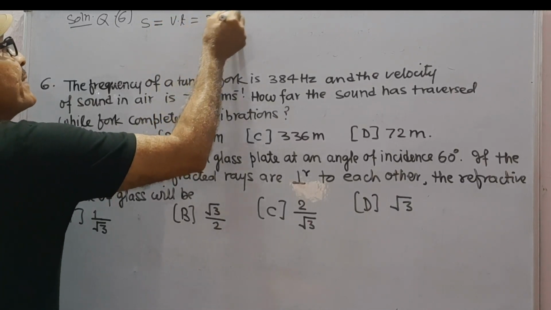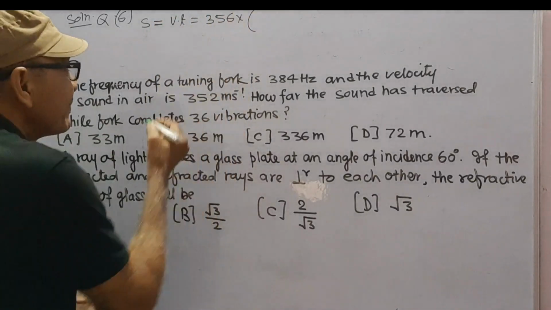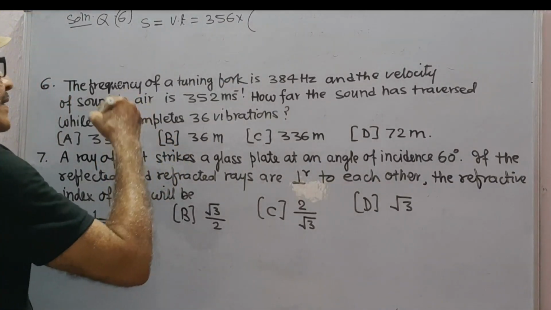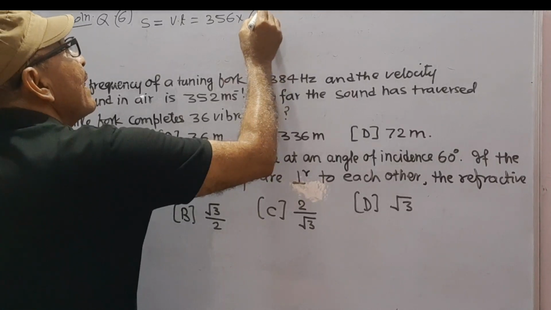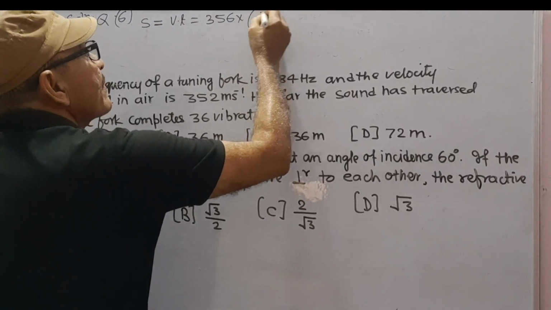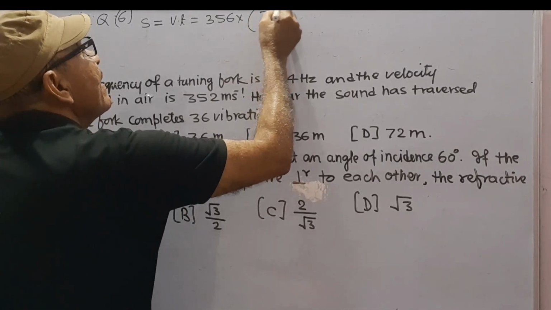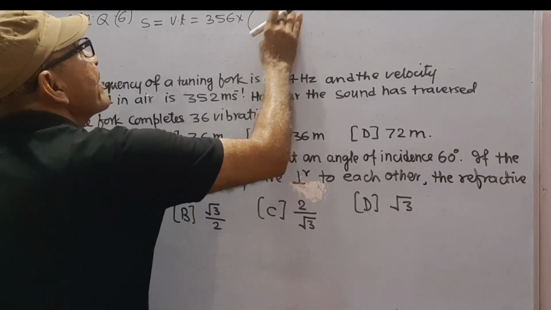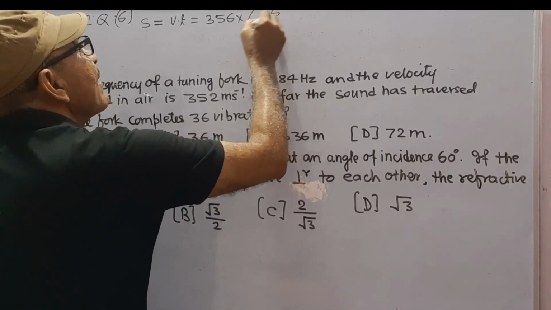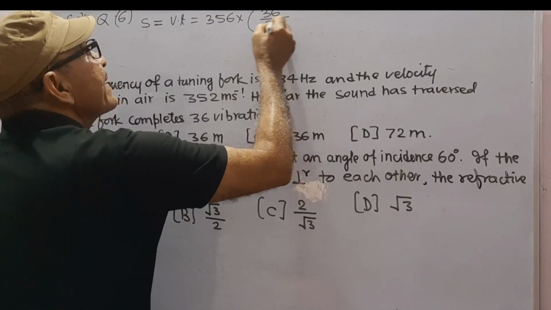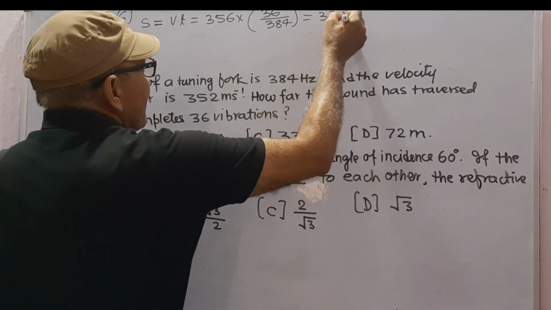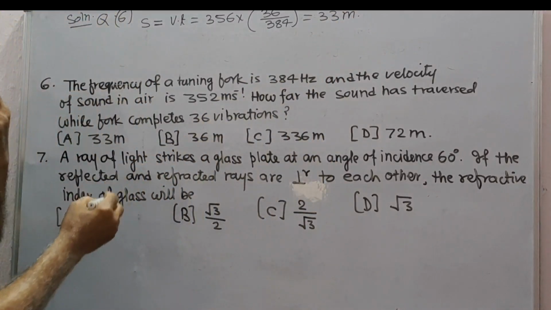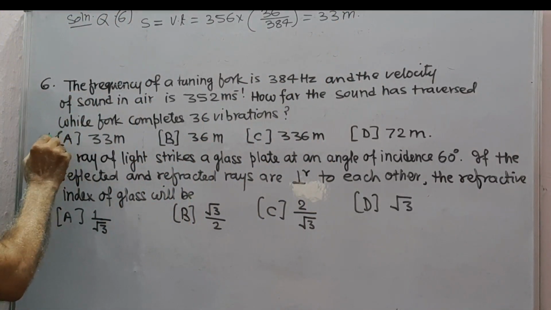Velocity is 356 and time taken in 36 vibrations will be equal to 336 upon 384, which gives 33 meters. That is, the correct option will be A.